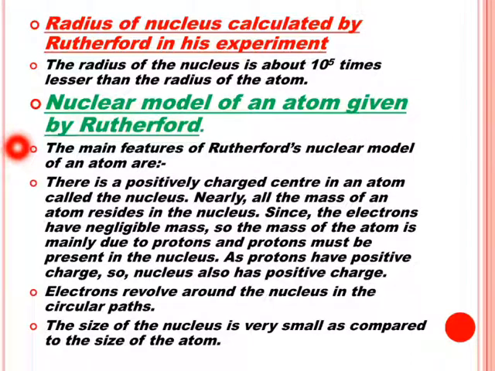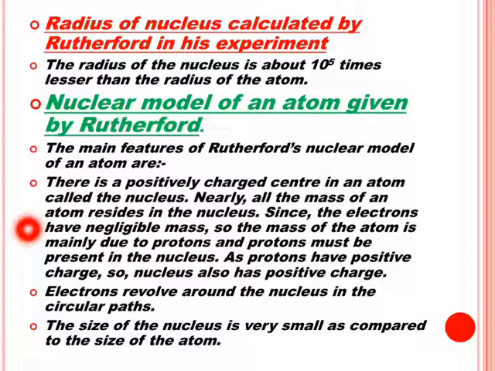The main features of Rutherford's nuclear model of an atom are: there is a positively charged center in an atom called the nucleus. Nearly all the mass of an atom resides in the nucleus, meaning the electrons have negligible mass.